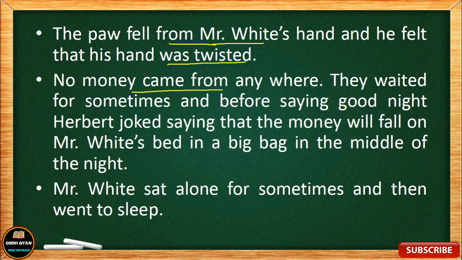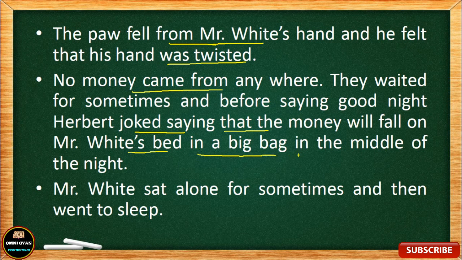Before saying good night, Herbert joked saying that the money will fall on Mr. White's bed. So they kept waiting and waiting, and Herbert joked to his father that, father, you see, at night the money will fall on your bed, and that too in a big bag.